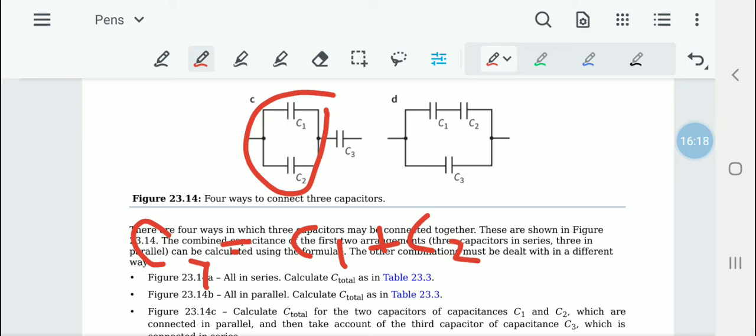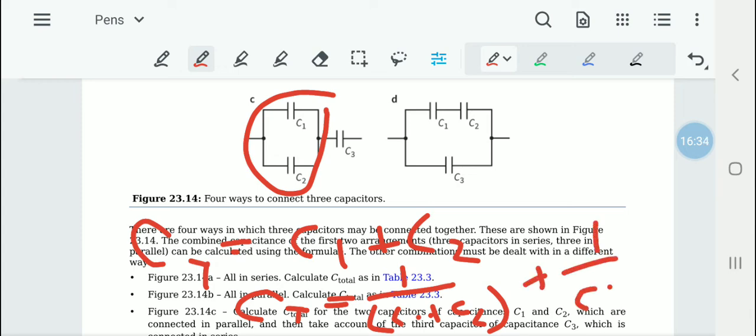After that, for the entire thing you have C total equals 1 upon C1 plus C2, then plus 1 upon C3, because those two are going to be in series then. I hope that made sense to you.